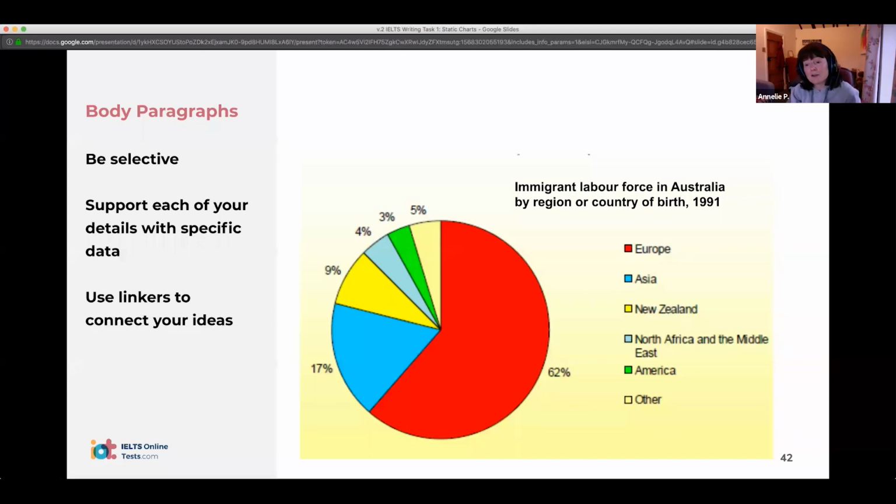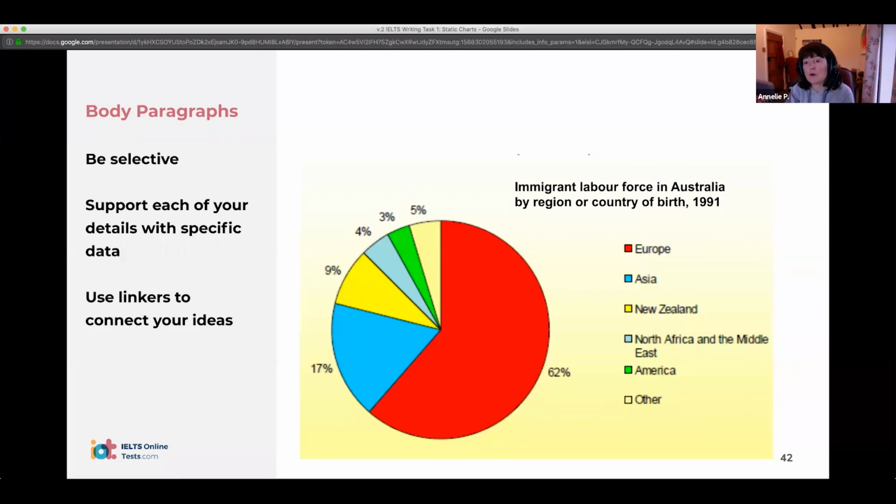That will only get you a 5. So if you have a lot of figures, then be quite selective. Try and group things together. Try and look for common trends, but you don't need to list and you don't need to include all of those numbers there. But you do need to include specific data.